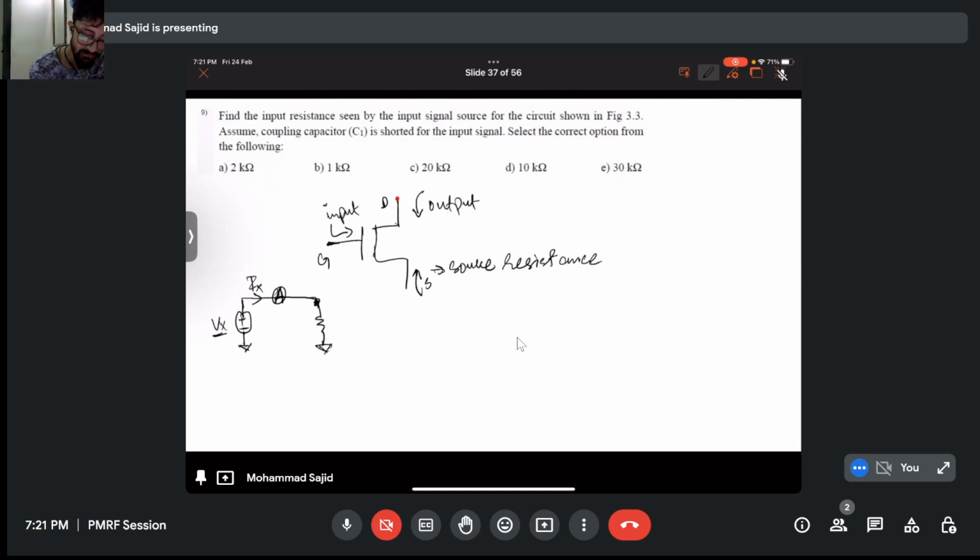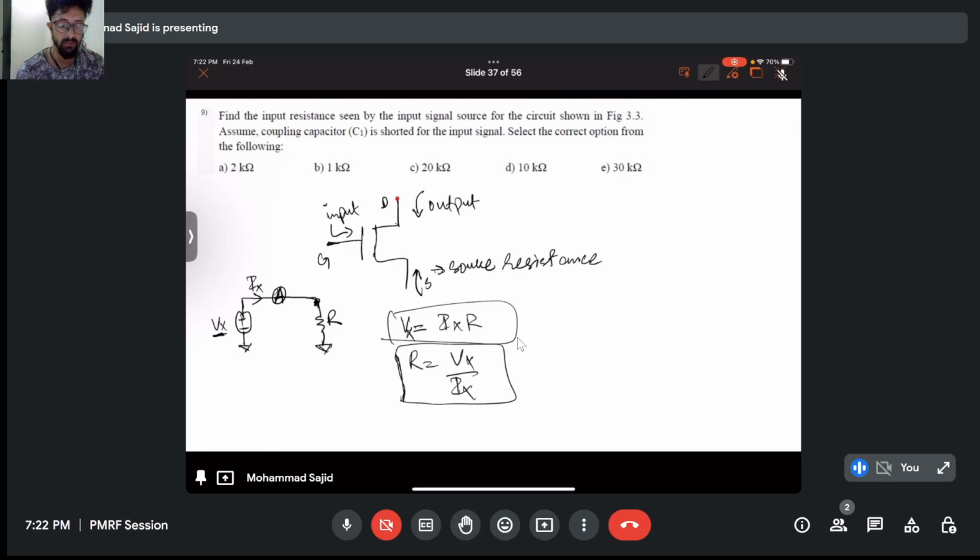I don't know the R value. So I give the voltage, I know the current. You go by Ohm's law, that is R. Now you know Vx, you know Ix, you can definitely find R. So this is the approach that is also used in these devices as well.